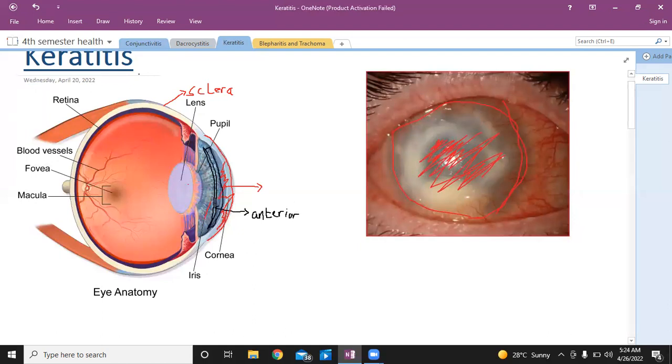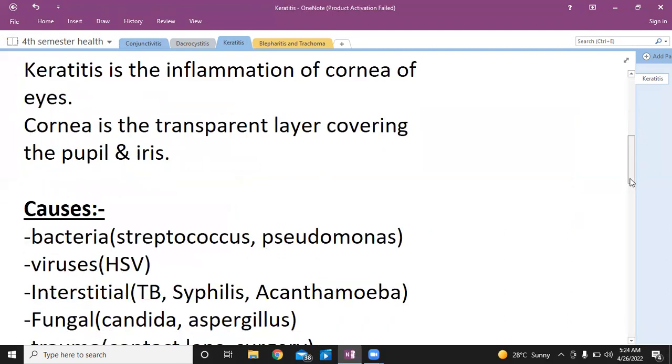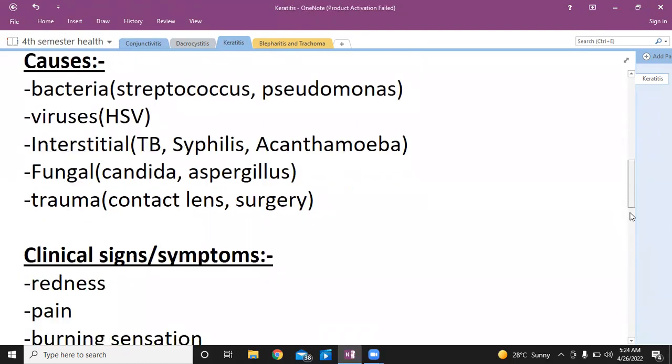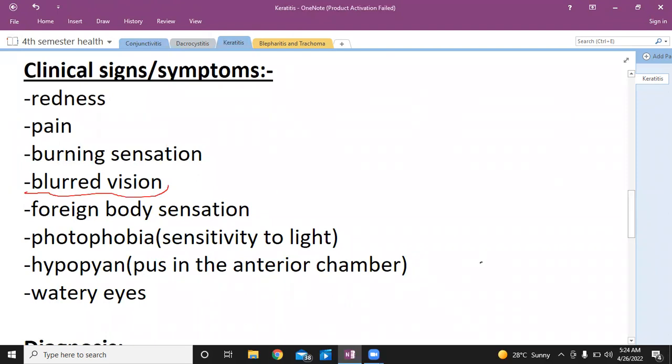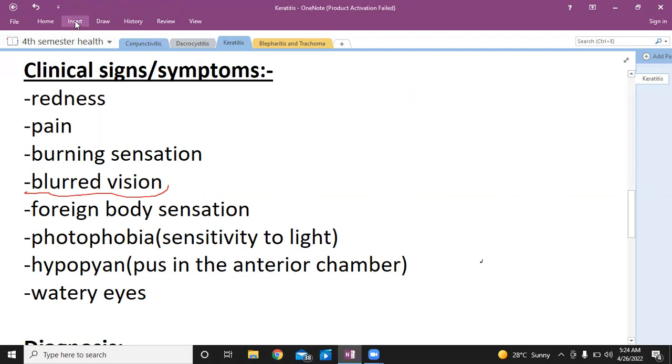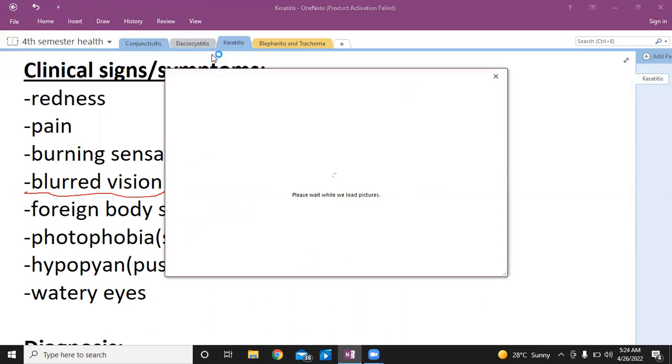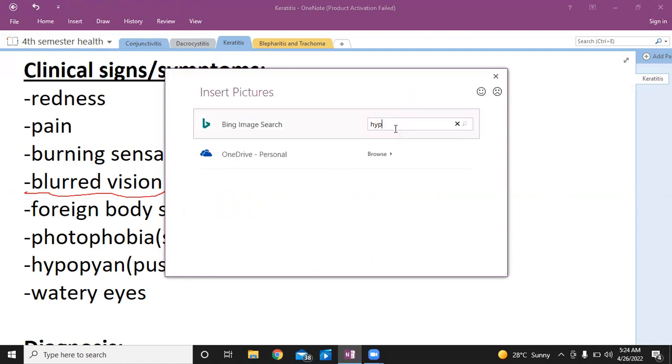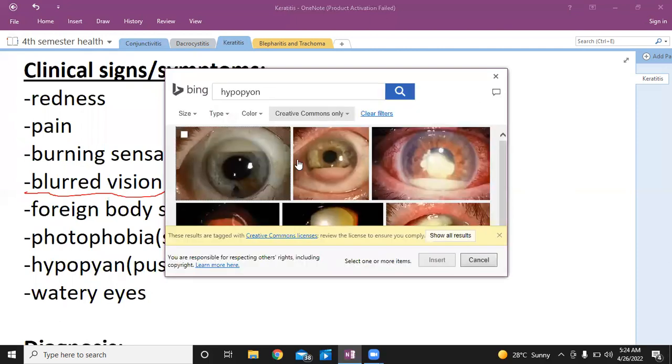Let me show you a diagram of this hypopion. Okay, you can see this. This is the typical example of hypopion.